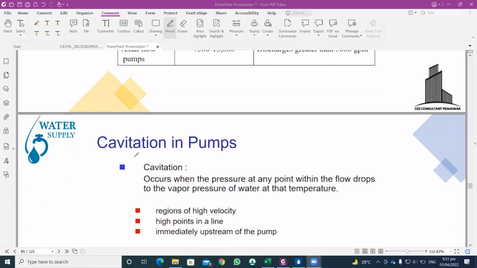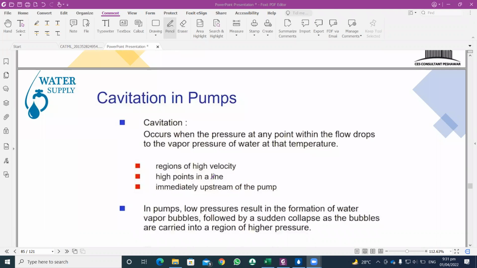So cavitation is one of the very important phenomena in pumps. It should be considered in the design of a pump or for the selection of a pump in a water supply network.